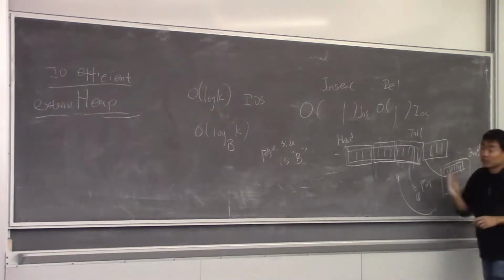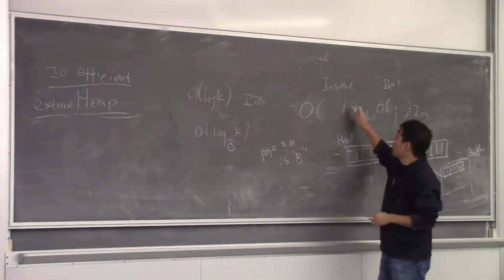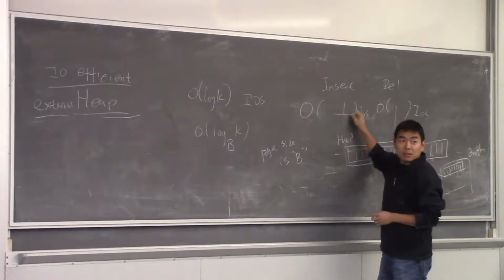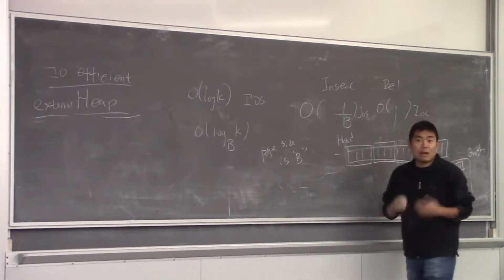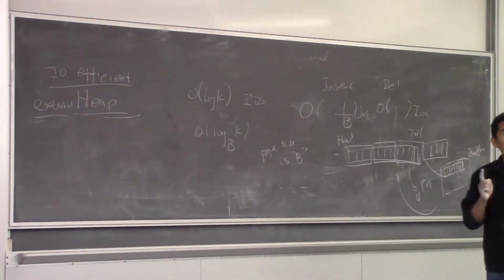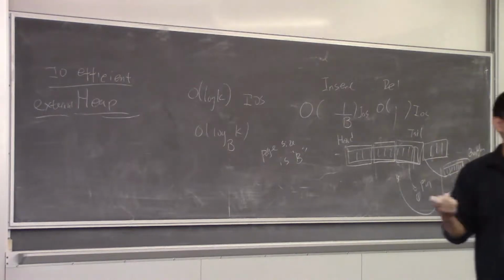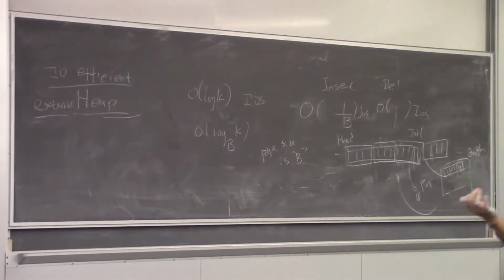What is the cost of this insertion? You do 1 I/O for how many items? So the amortized cost is 1 over B I/Os instead of 1 I/O. That's a huge improvement. The typical value of B is what? Hundreds or even thousands. You follow me? So that's a huge, huge difference.